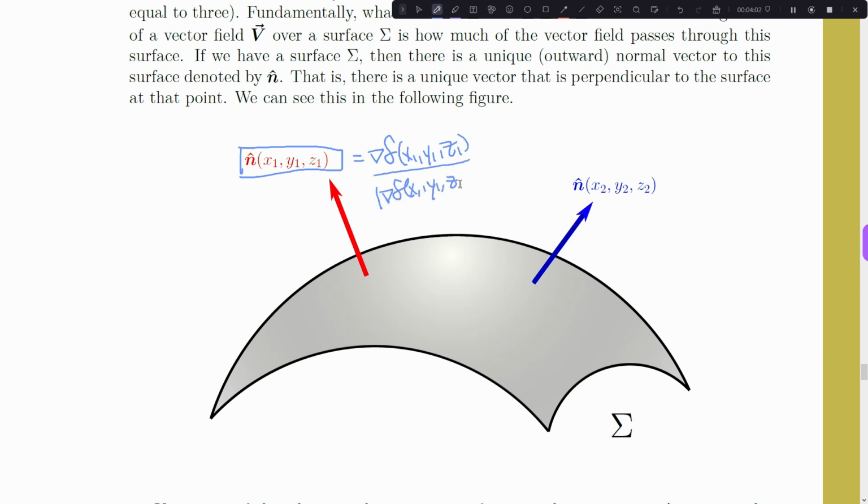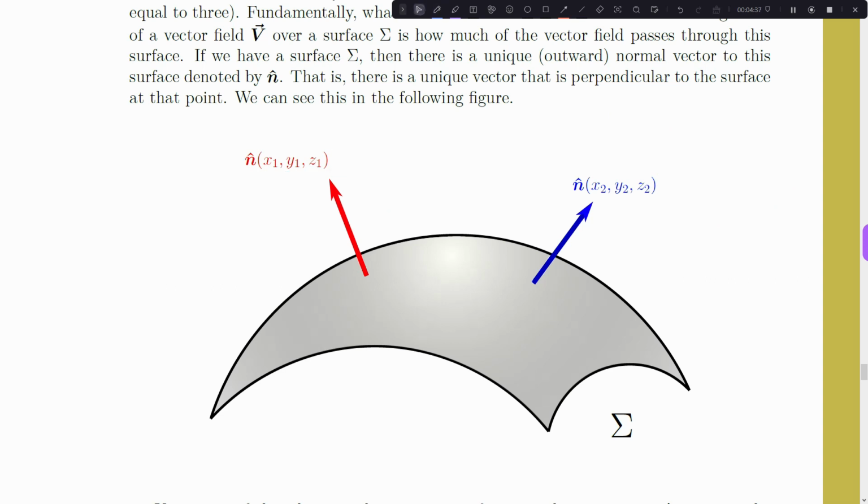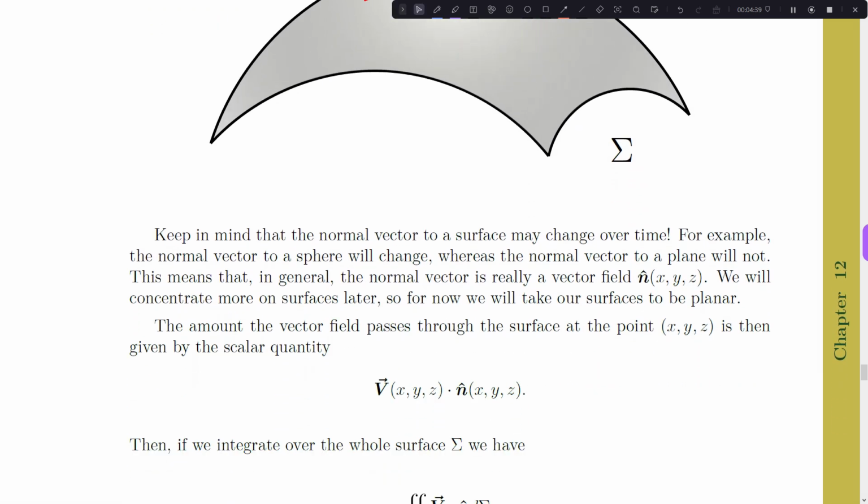At the point x1, y1, z1, and in particular, where f of x, y, z equals some constant, this is a level surface which describes sigma. Okay, so if we have some level surface, then we can compute the normal by calculating the gradient of f and normalizing it. So there's 2 examples of some normals of this particular surface.